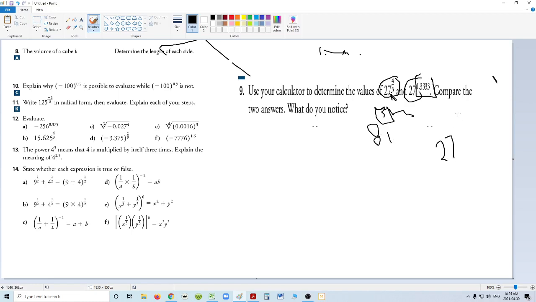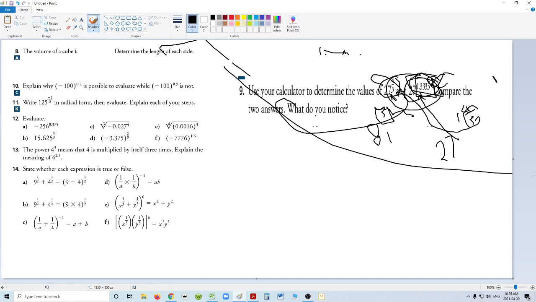It's the same as 1 1/3, which is 4/3. So all they're doing is giving you the same question. This is going to be a little more accurate, because we always end up losing a decimal when we round. What do I notice? My calculator gets inaccurate the more I use inaccurate numbers.